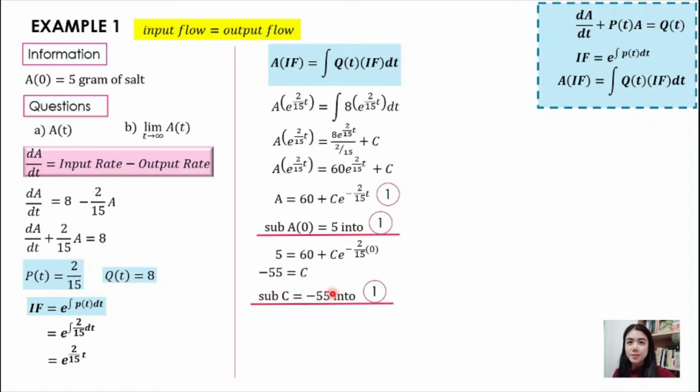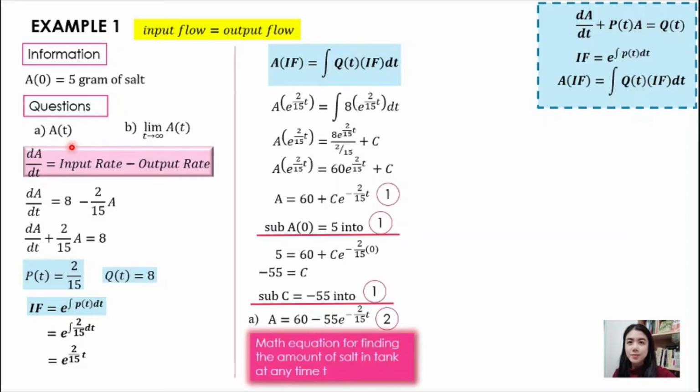Substitute C equal to negative 55 into your equation number 1. Then you have the next line. Let's name it equation number 2. Your equation number 2 is basically the answer for question A, that is the mathematical equation for finding the amount of salt in the tank at any time t.